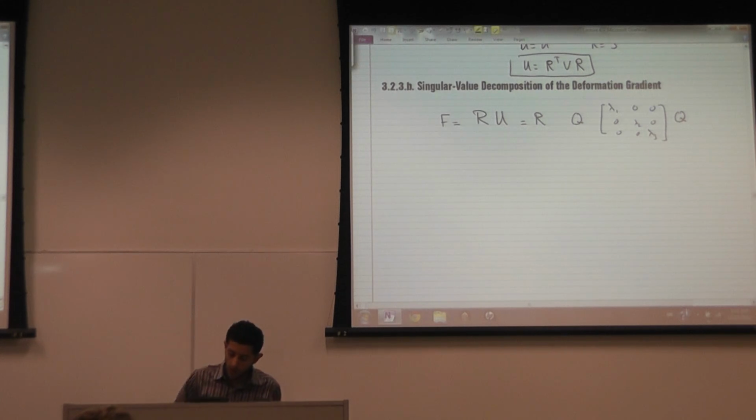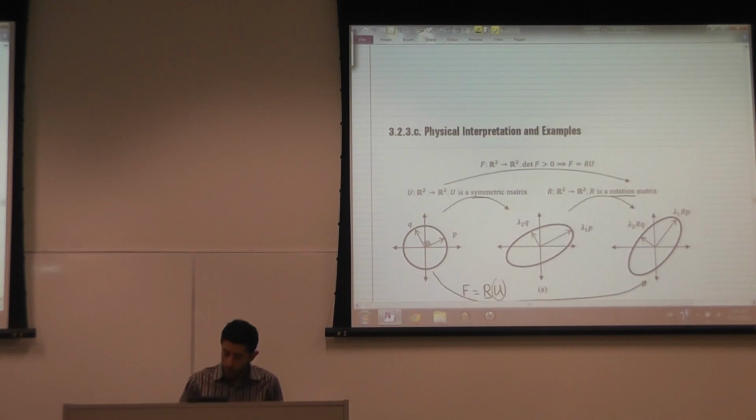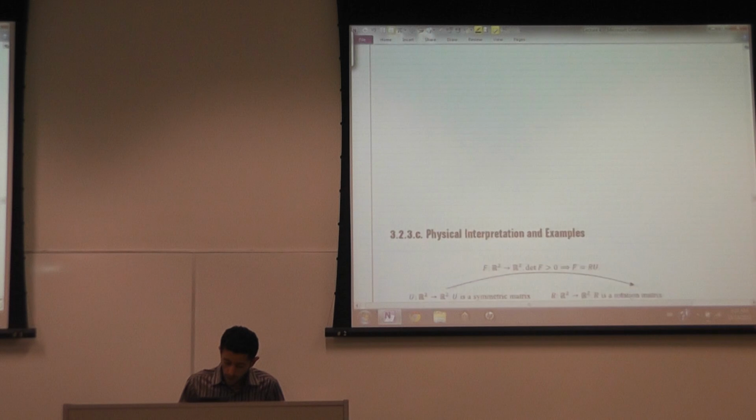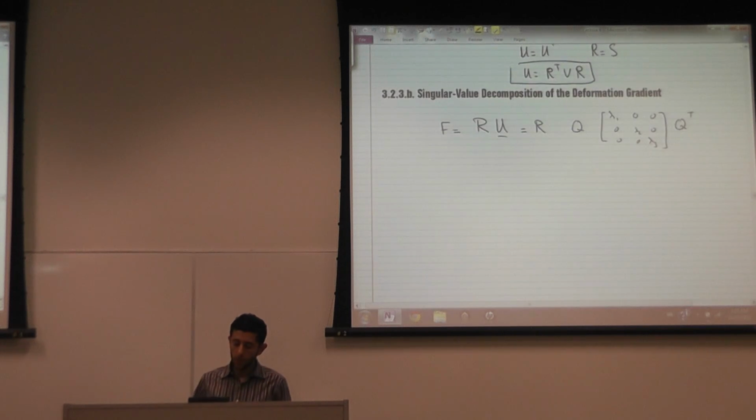I can find a coordinate system in which this matrix is diagonal. And so R Q, this is a rotation, this is a rotation. This is the diagonal matrix lambda 1, 0, 0, 0, lambda 2, 0, 0, 0, lambda 3. This is Q transpose.